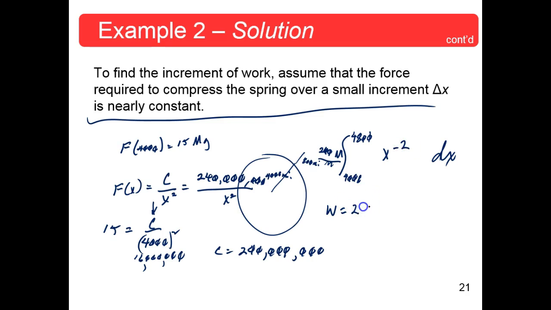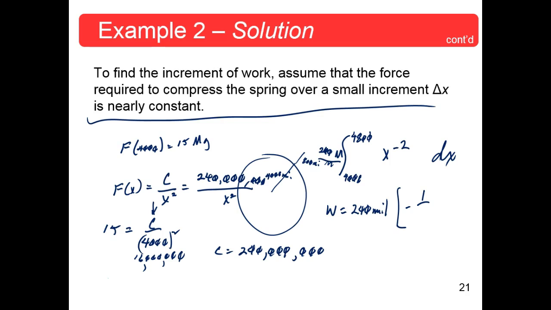So in front we have 240 million. Okay, I'll do it that way, maybe make it a lot easier to see. What's the antiderivative of x to the minus 2? Negative 1 over x. That's okay.